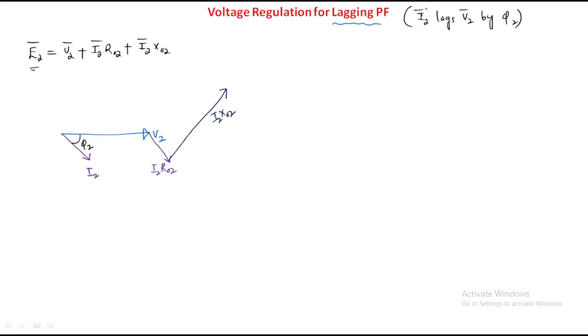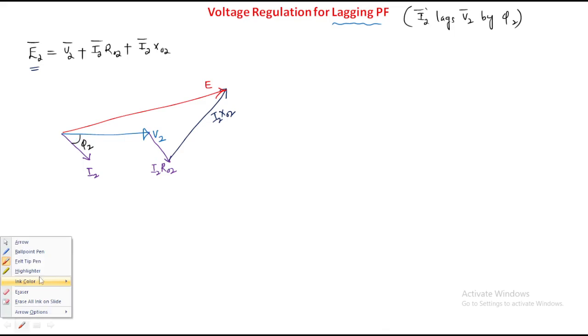Then the resultant is the no load secondary terminal voltage, which is nothing but this, E2. So E2 is the phasor sum of V2, I2 R02 and I2 X02, with the phase angle phi 2. So from this position, let us take the points here.